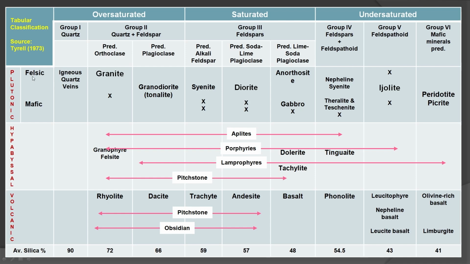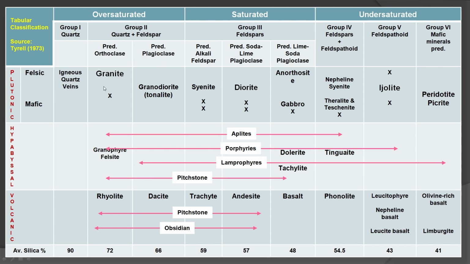Plutonic rocks are further subdivided into felsic and mafic, based on the proportion of light colored minerals and dark colored minerals in mafic. This is further divided into the oversaturated, saturated, and the undersaturated columns, where you can see group 1 is having quartz, group 2 is having quartz plus feldspar, which is further subdivided into two groups, one which is predominating in orthoclase feldspar, the other group which is predominating in plagioclase feldspar.